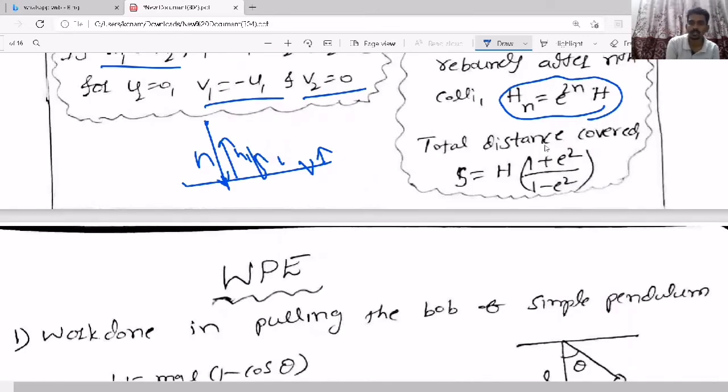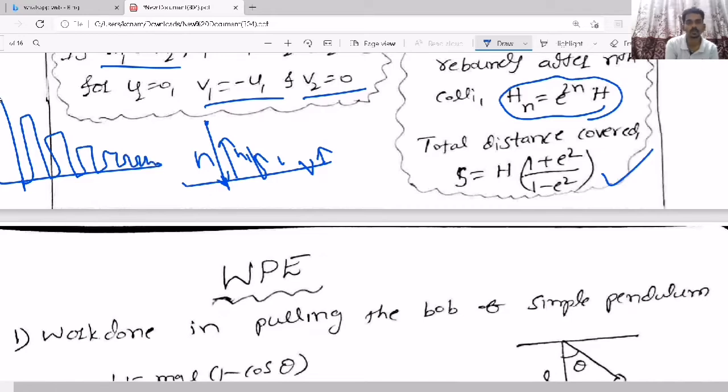Or sometimes they will also ask the total distance covered. What is the meaning of total distance? See, you dropped it here, then it went up and came back, then like this, then like this, and finally it comes to rest. So the total path length, this total length we need to calculate, and that will come out to be this much.